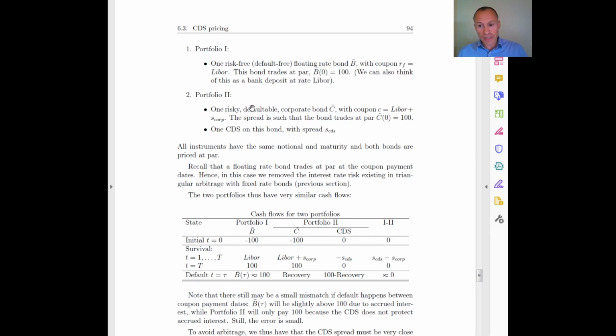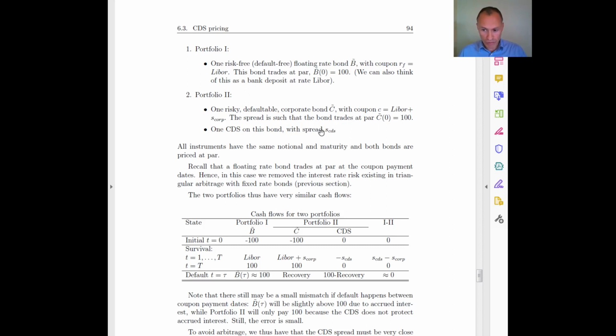Portfolio 2 is the defaultable part, so it has the risky defaultable corporate bond, but again, this is a floating rate bond, so it will have a coupon that is LIBOR plus a spread, because this bond has risk in it, so it cannot be just the risk-free rate, it has to be a little bit more. So it will have this spread here, right? And let's assume that the spread is such that the bond trades exactly at par. And then I have a CDS on this floating rate bond, okay?